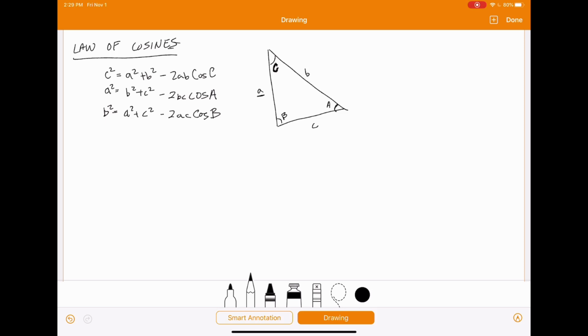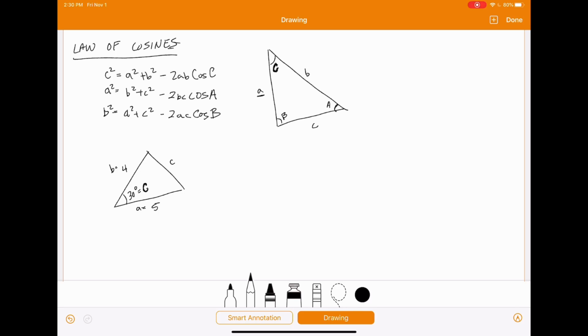So let's go ahead and run through an example. If we had a triangle where we know that this angle is 30 degrees, this side is 4, and this side is 5, and we wanted to try to find this side over here. All right, so let's just go ahead and label these. We'll just say this is A, this is B, this is C, which would make this angle C right there.